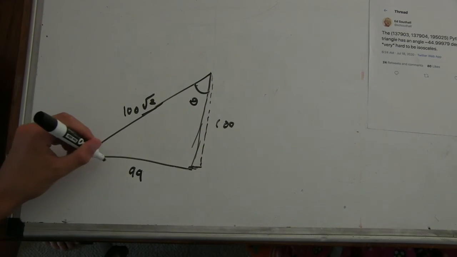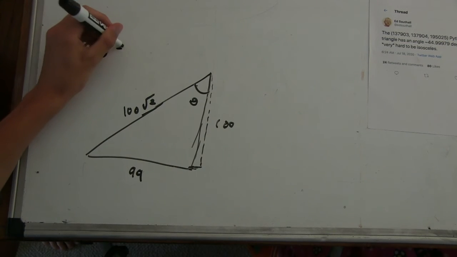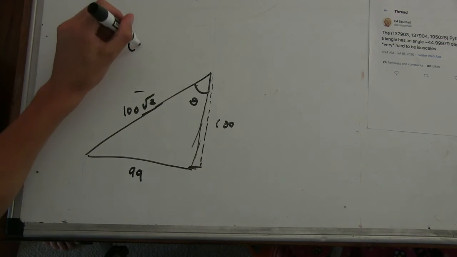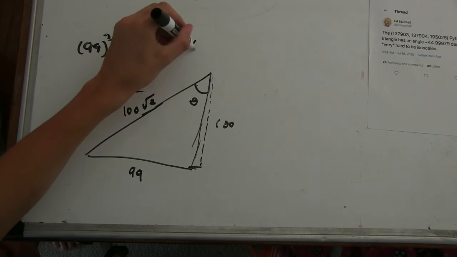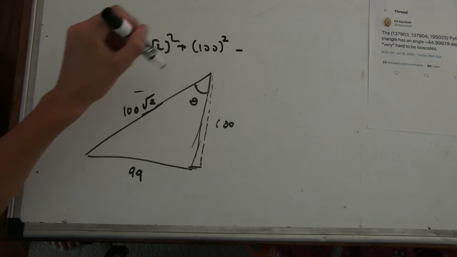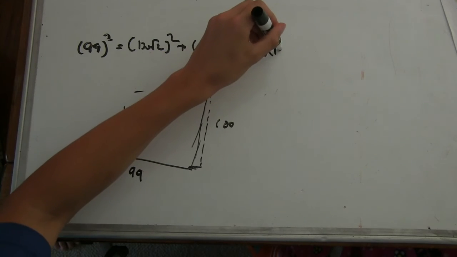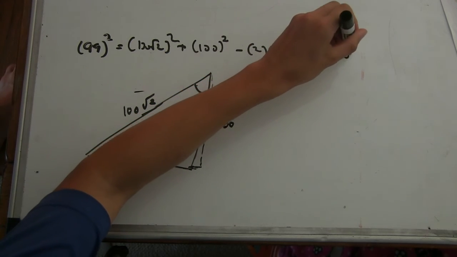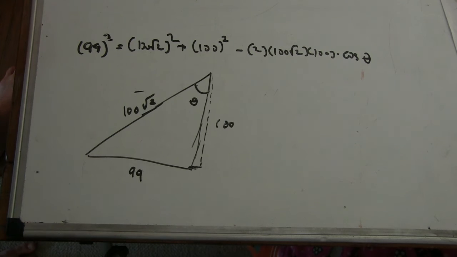This says that this side here, 99 squared, equals this side squared plus this side squared minus 2 times 100√2 times 100 times cosine theta. This angle here.